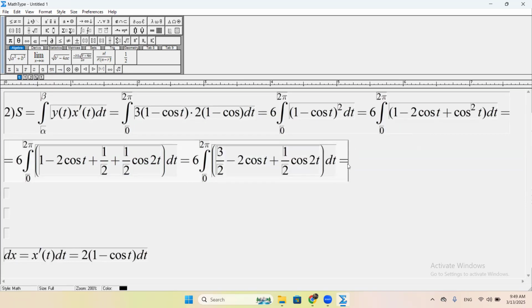And now let's integrate. So 6 multiplied by, with substitutions, 3 over 2t minus 2 sine of t plus 1 over 4 sine of 2t, with the substitutions from 0 to 2p.